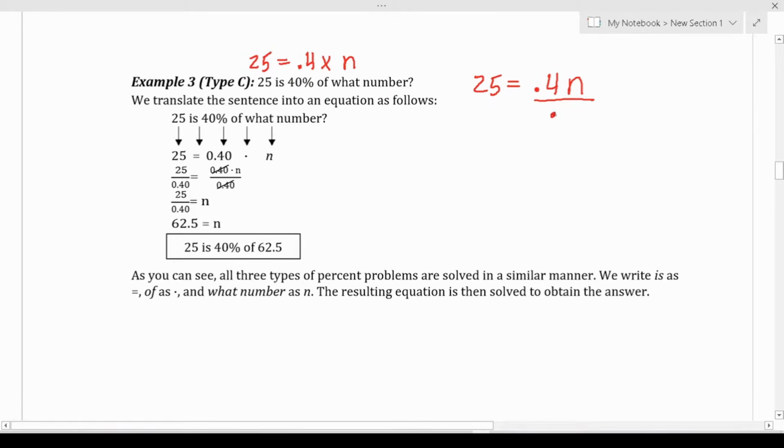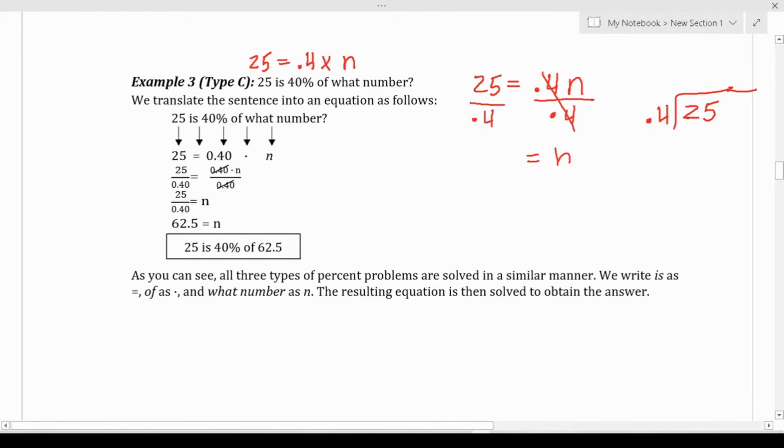Again, we're going to divide both sides by 0.4 to get n by itself. This is going to cross out, leaving us with just n over here. And now we can see n equals 25 divided by 0.4. So let's work that off to the side. We have 25 divided by 0.4 here.